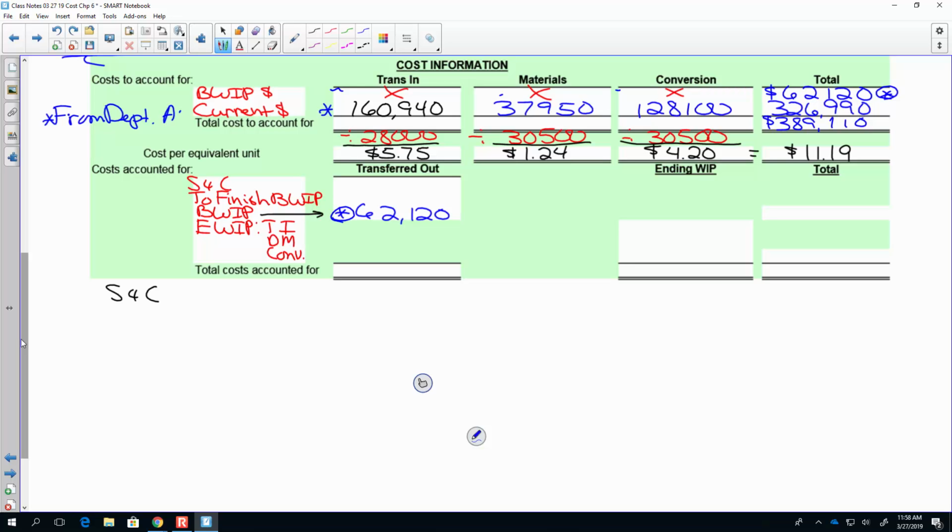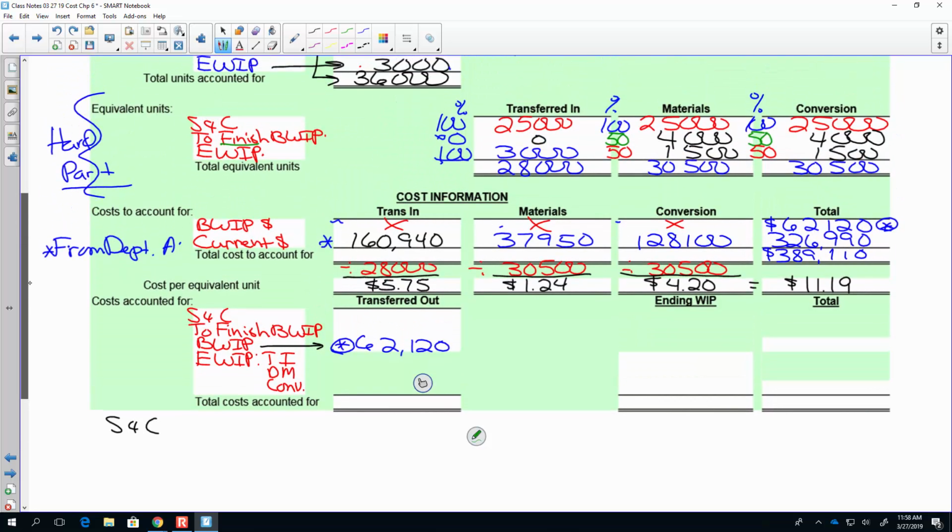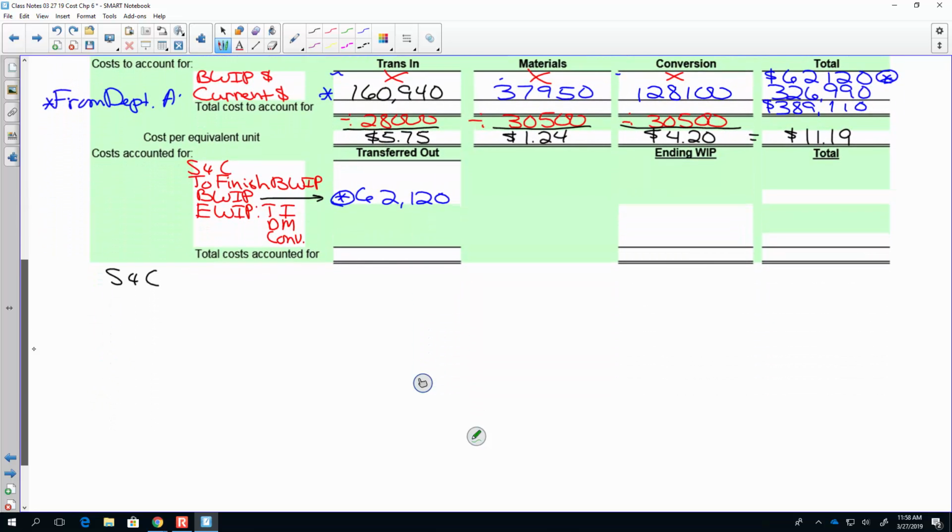And now I can do my started and completed cost computation. 25,000 times 11.19 is $279,750.